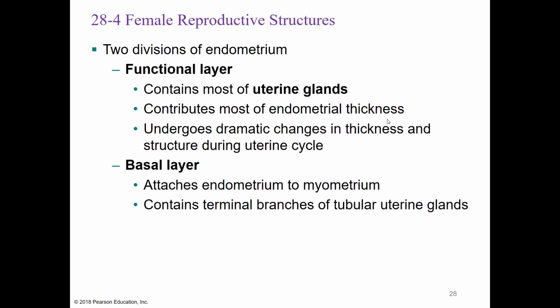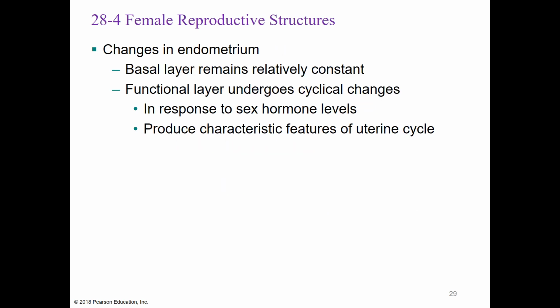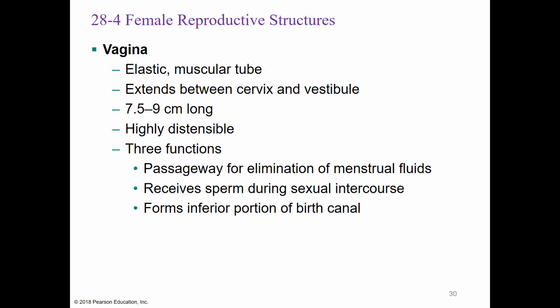The basal layer remains relatively constant, but the functional layer will undergo cyclical changes in response to sex hormone levels, which will produce specific features of the uterine cycle. So we're going to come back to the uterine cycle and talk about it a little bit more, as well as the ovarian cycle. So that's going to come up once we finish talking about the anatomy, which we're still going through now.